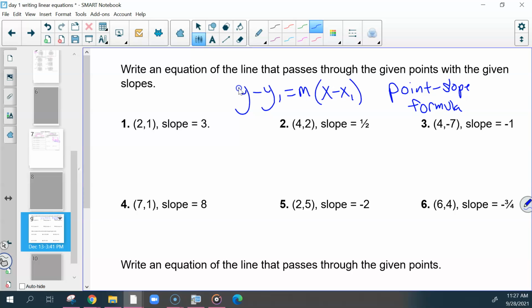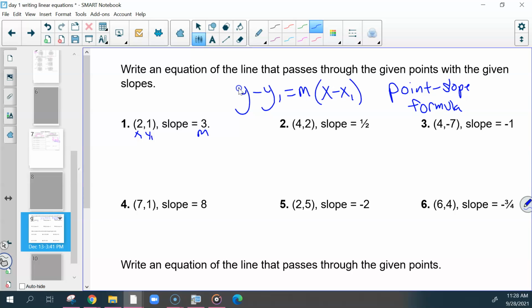So for number 1, before I put everything in, I would label this. So this is your ordered pair. I'm going to label that x1, y1. Your slope is the variable m. So we have 3 different things from the formula.